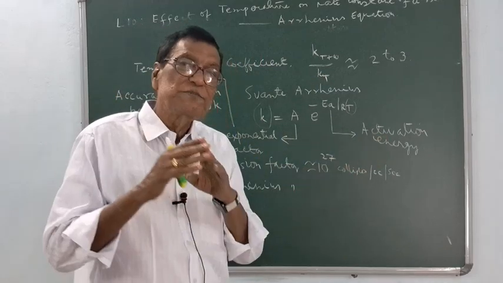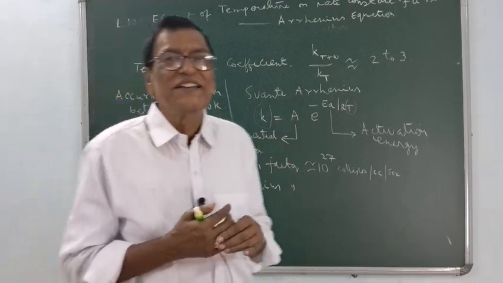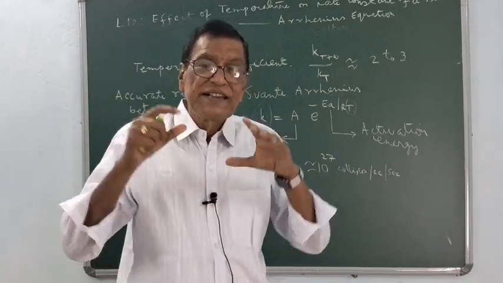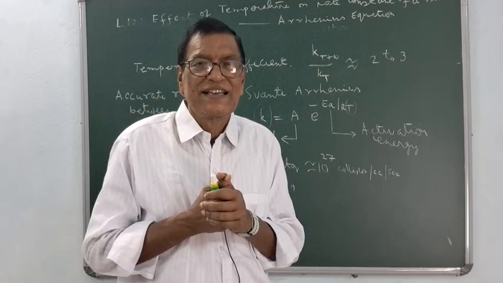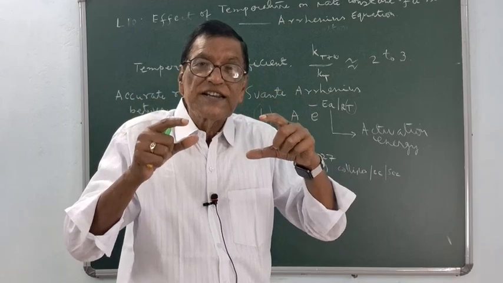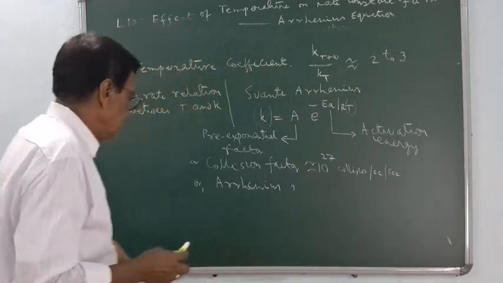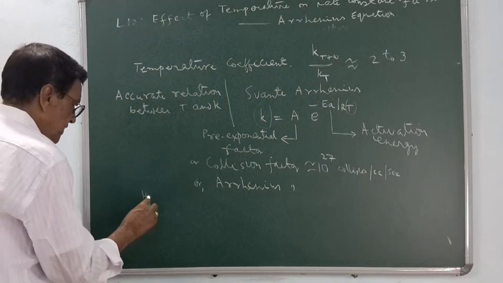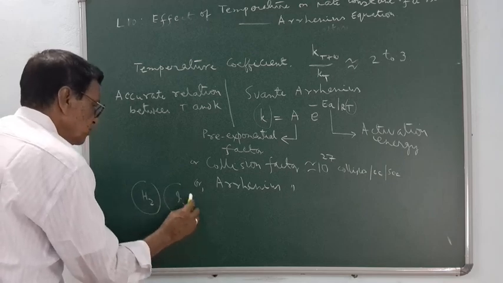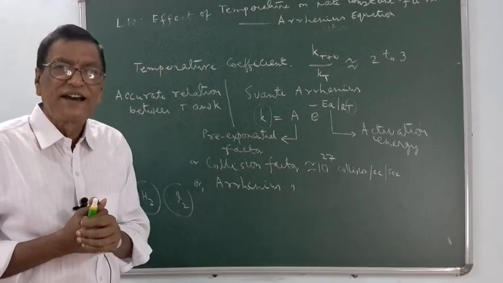What is meant by the activation energy? Whenever we study the collision theory, we may see the collision is the precondition for a reaction. The two molecules, say hydrogen and I2, are in the gaseous state. These two react to give HI, hydrogen iodide.